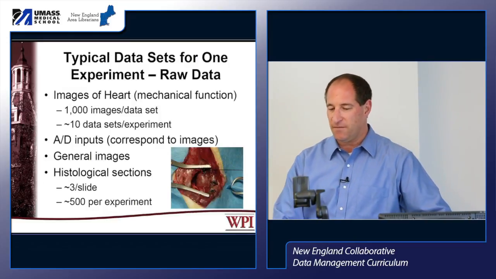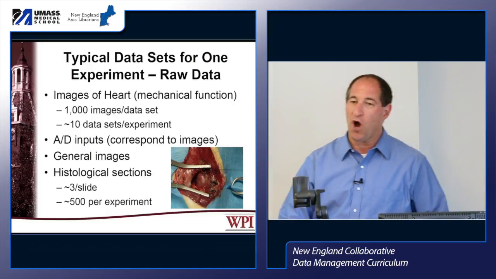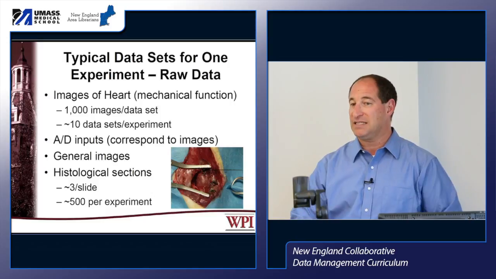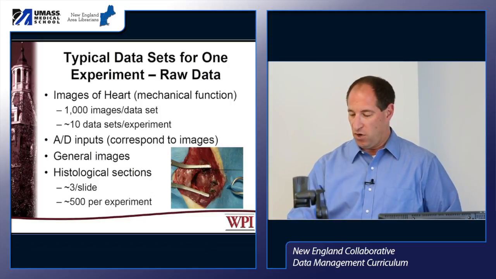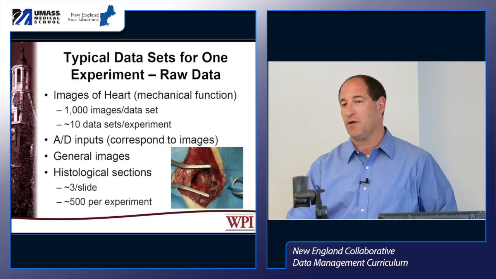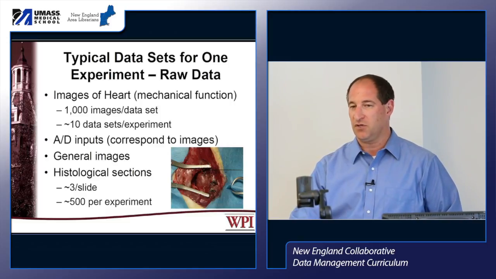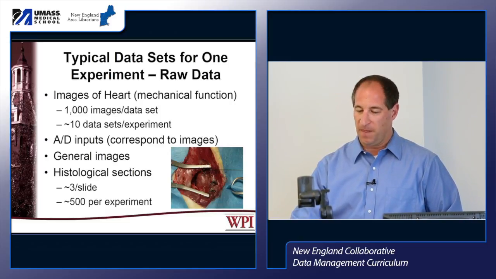A typical data set for one experiment, in regards to the raw acquired images: we could take 1,000 images per data set of the heart, and in a common experiment we'll take about 10 data sets, so that's about 10,000 images per experiment. In addition, these images are just the raw images of the heart.